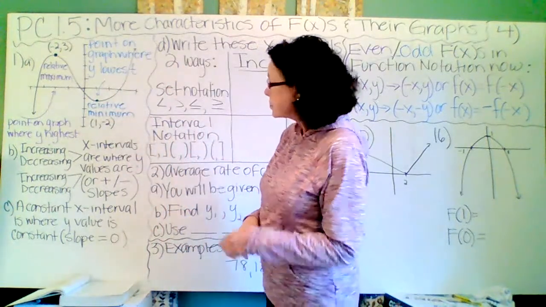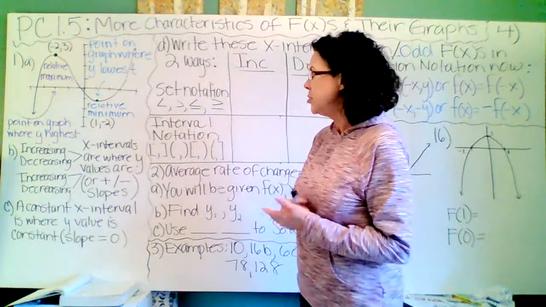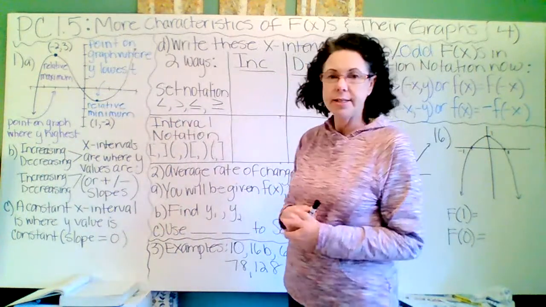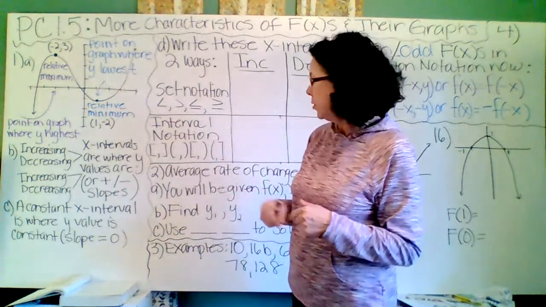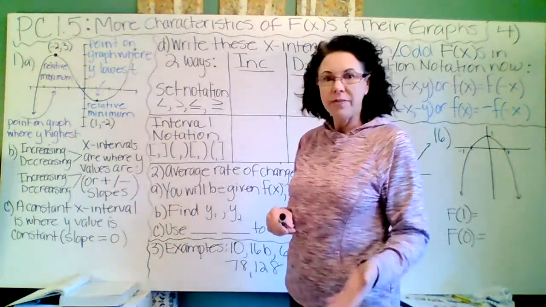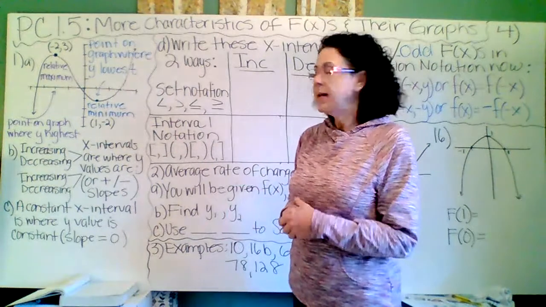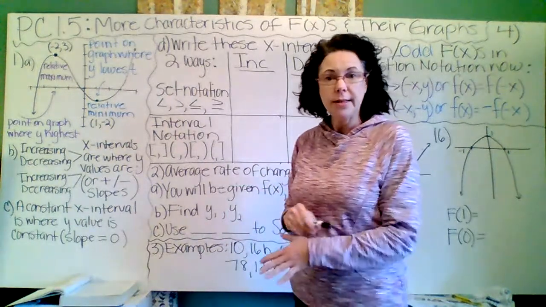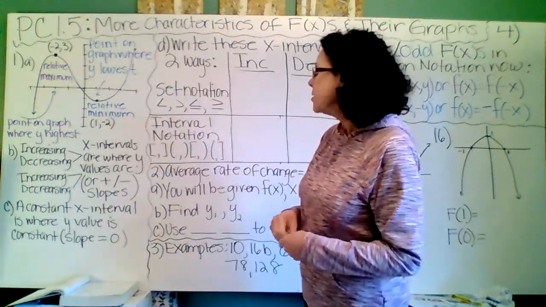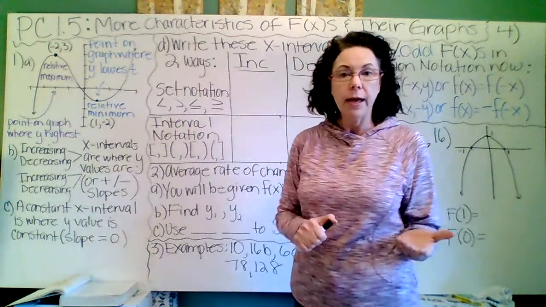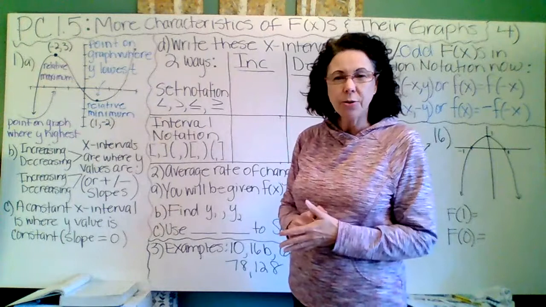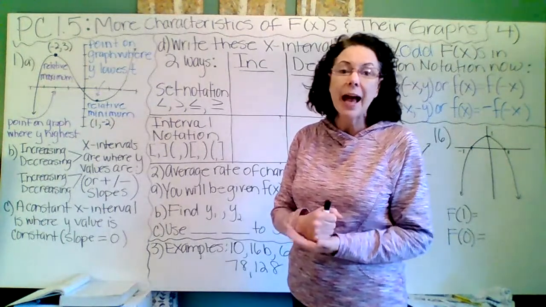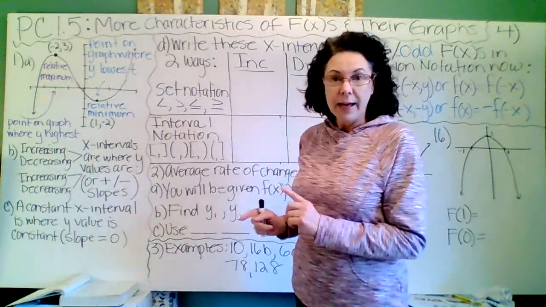Okay, so what happens then is we do have increasing and decreasing x intervals that get us to those maxes and mins in between there, right? So obviously a graph would be increasing to get to a maximum and decreasing to get to a minimum. And so when they ask us for intervals on the graph where the function is increasing or decreasing, they are asking us the x's where that happens.